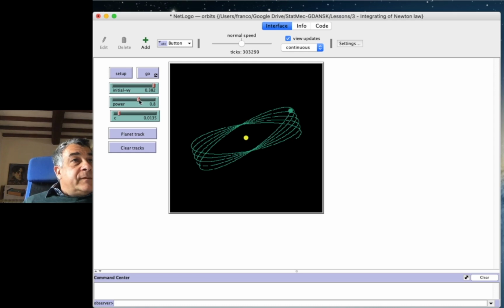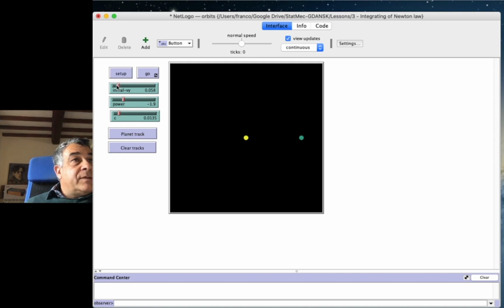And I can check also near -2, so let's say probably have to reduce the initial velocity and increase the constant or reduce the constant.